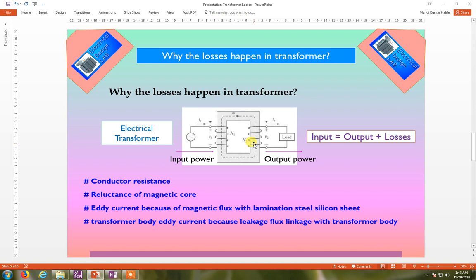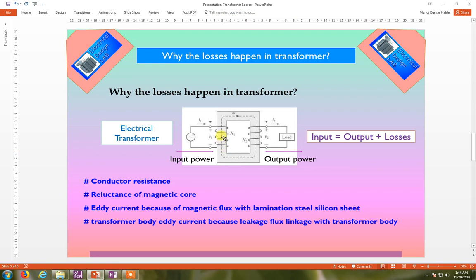Cut by the core, and for that reason the core induces some voltage, and a circulating current around the core leg tries to flow. Because the core material also has resistance, inside the core there is a loss, which is I square R. This is because of eddy current. Do we understand?